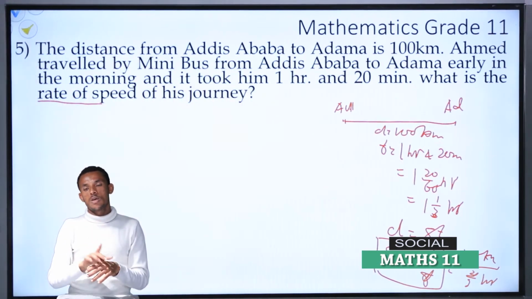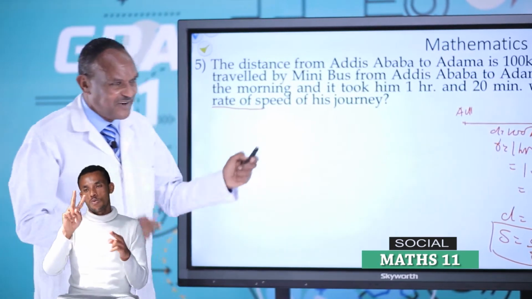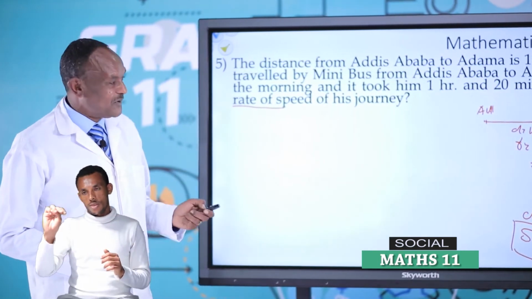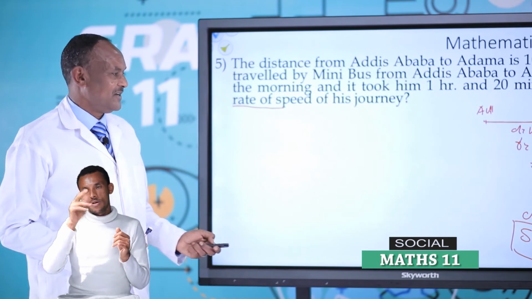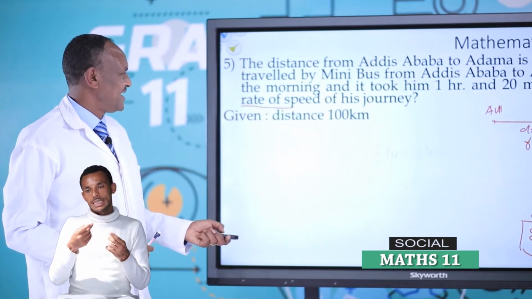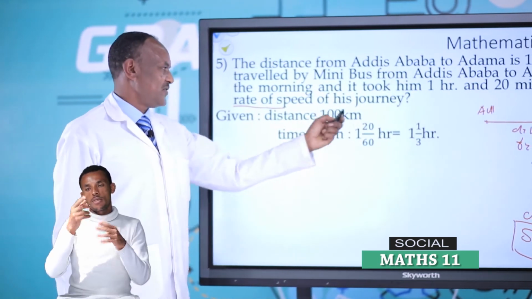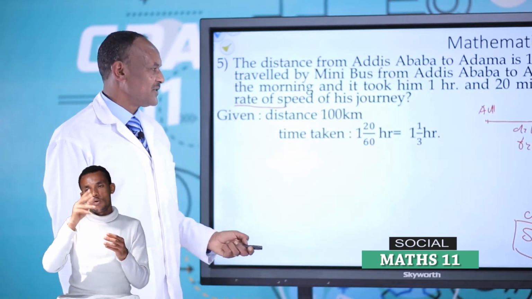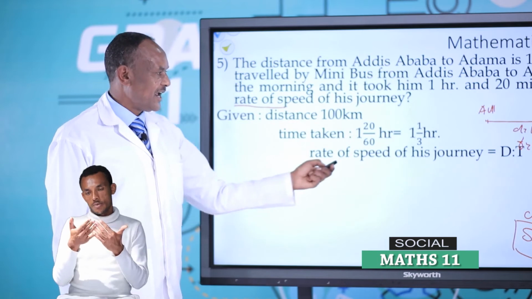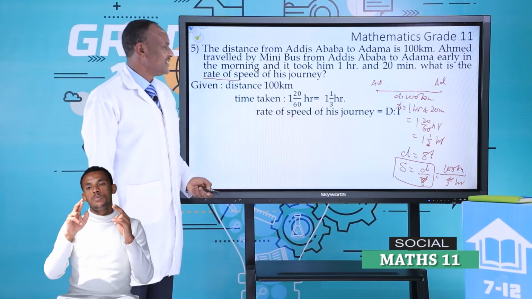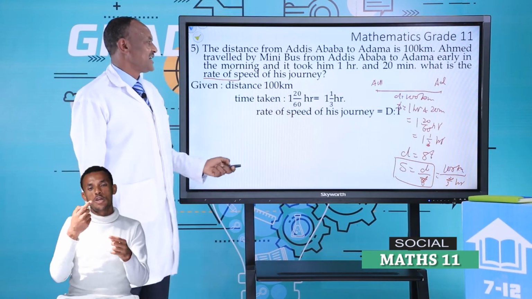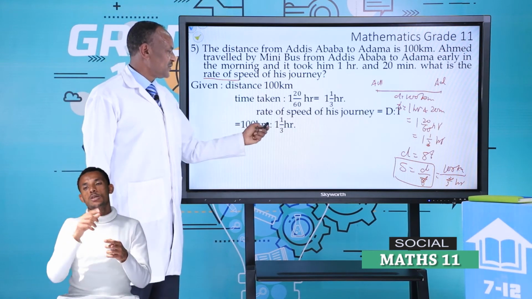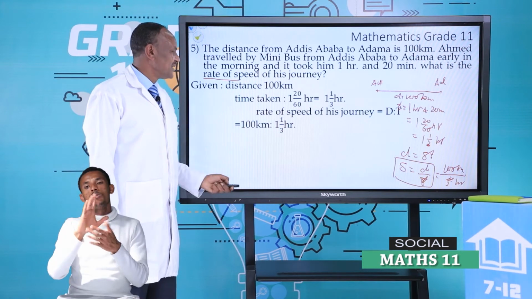So we are taking the ratio of two different quantities having different units: 100 kilometers to 4 over 3 hours. We are given that the time taken is 1 and 20 over 60 hours, which is equal to 1 and 1/3 hours when simplified. Rate of speed of his journey, distance to time: 100 kilometers to the time taken, 1 and 1/3 hours.